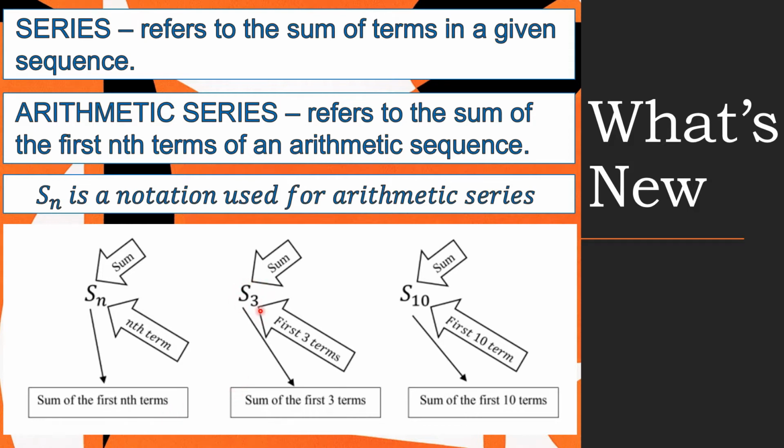So, pag nakita ang S sub 3, ibig sabihin you need to find the sum of the first 3 terms of the arithmetic sequence. Kapag naman S sub 10, kailangan kunin yung sum ng first 10 terms of the arithmetic sequence. Yan yung ibig sabihin ng S sub n.